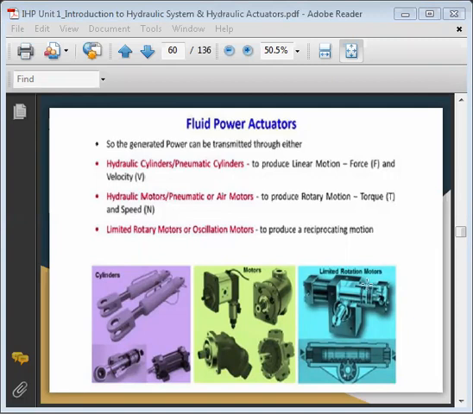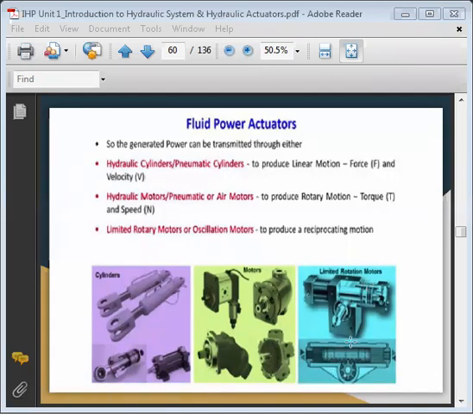In a limited rotary motor, that means the oscillation motor, you can see the third diagram. I have shown you the rack and pinion.